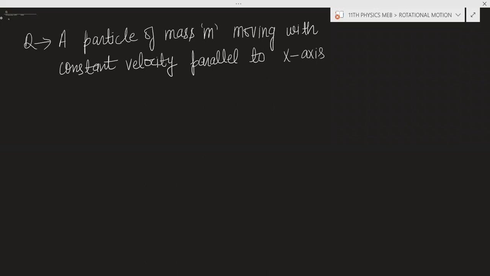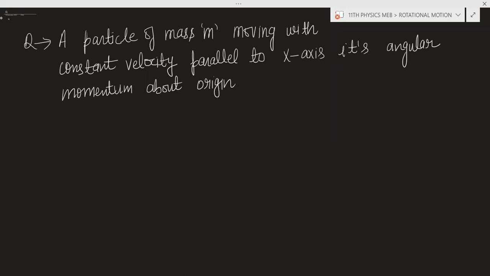Its angular momentum about the origin: option A, 0. Option B, constant.